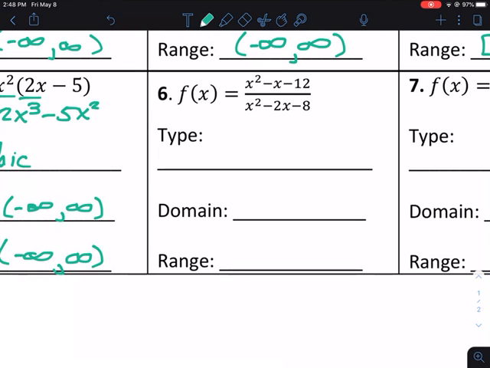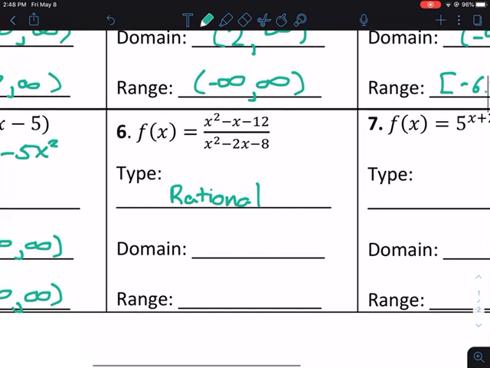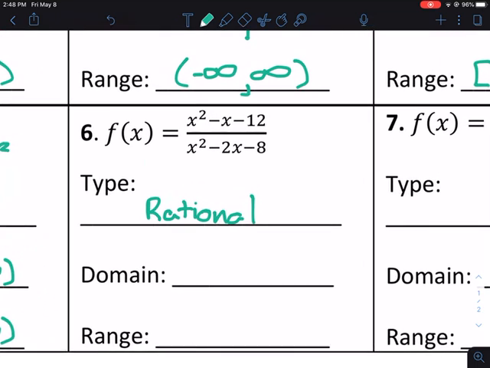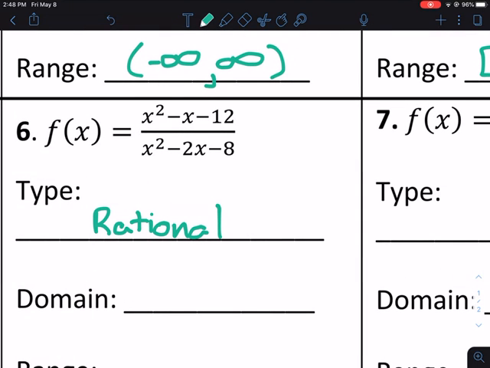Okay, number 6 is a rational. We have an x in the denominator, therefore it is rational. The domain and the range, so it's the limits on what x can be and what y can be.